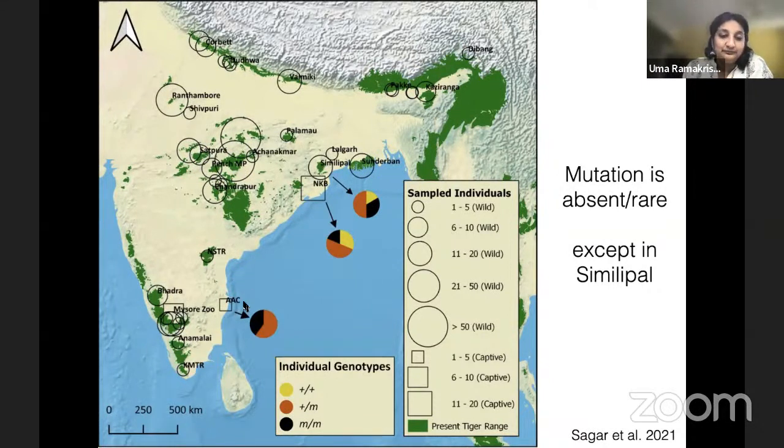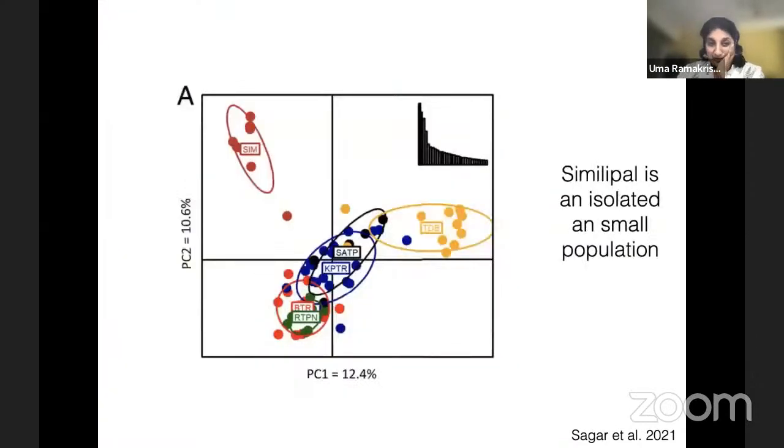One is in the Chennai Zoo and the other in the Nandankanan Zoo. Okay, so this was crazy: the mutation seems to be absent or very rare everywhere except in Simlipal.